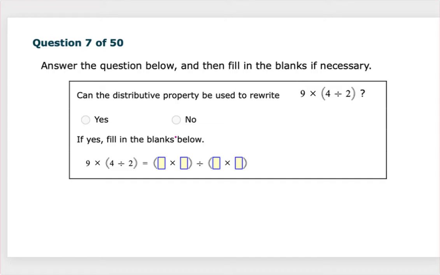So we would say, no. That is not the way we use the distributive property. If this is a plus or a minus, then yes, we can use the distributive property, not over division.